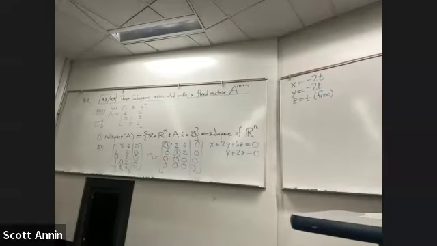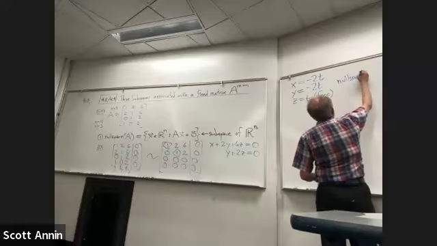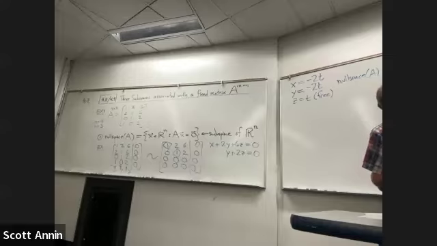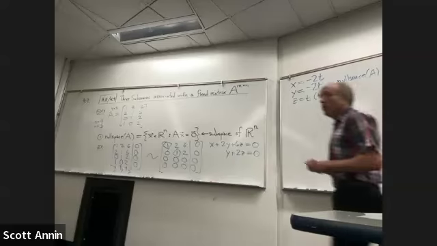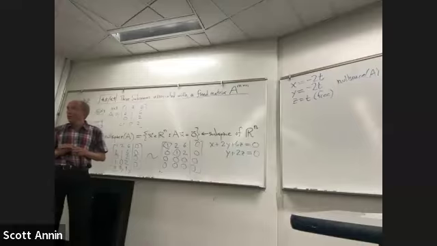Okay, so there's your x, y, and z values. And so your null space of A is the set of the vectors negative 2t, negative 2t, t, such that t is a real number, right? So we would put it in this kind of set notation.